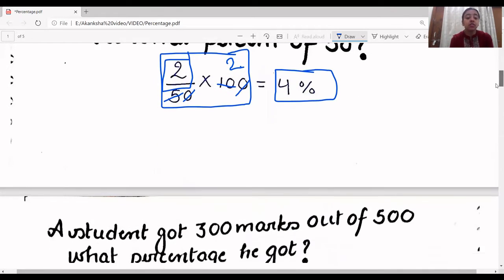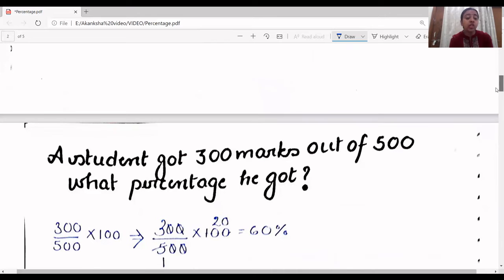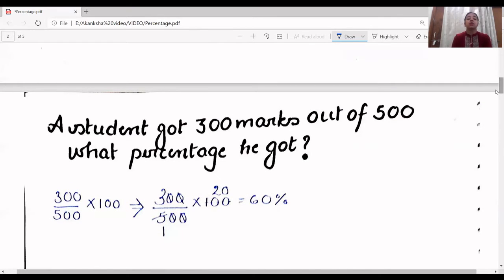Moving ahead to more questions on percentage. Now there's a question: a student got 300 marks out of 500. Okay, this is very common for students. So there's a student like you who has got 300 out of 500, and the question is what percentage he has got.